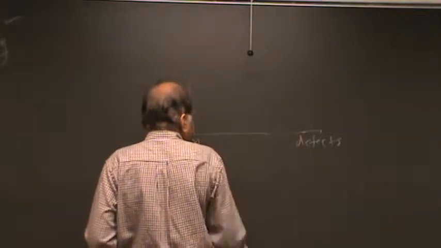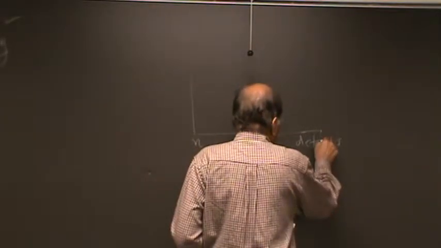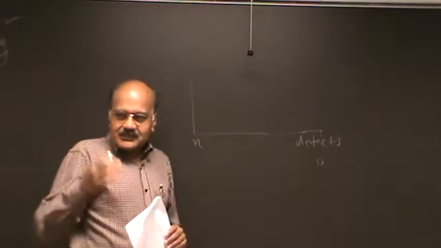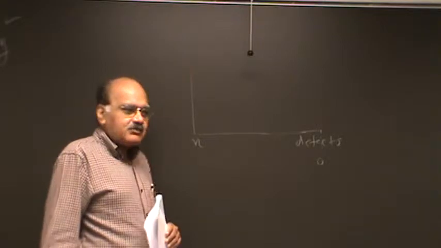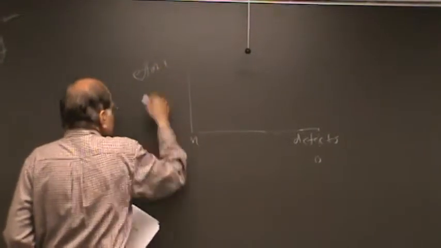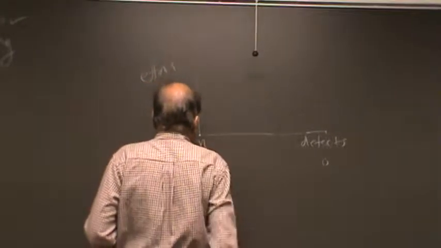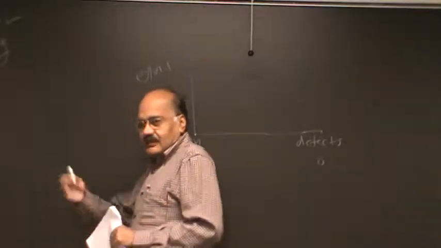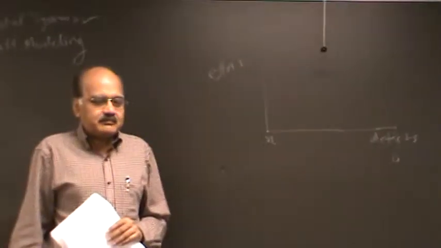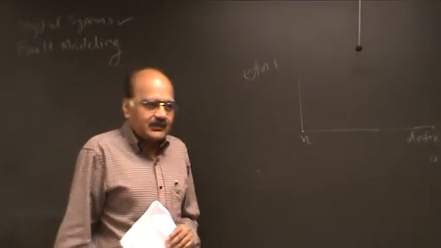Let's say you start with some n defects here, and you want to come down to 0, and you're testing it, then how much effort will it take? Now if you don't do any testing, and you still have all the bugs in there, that of course takes no effort.